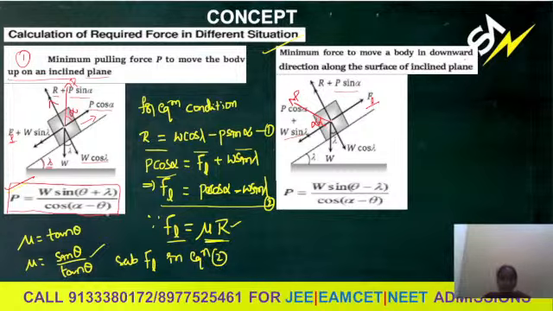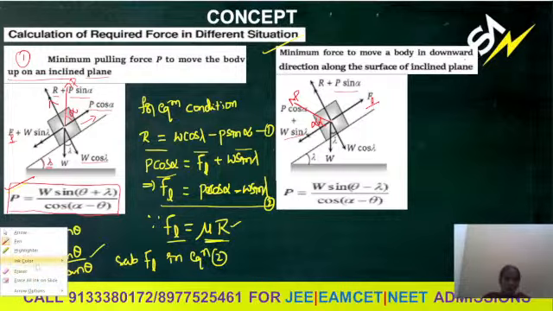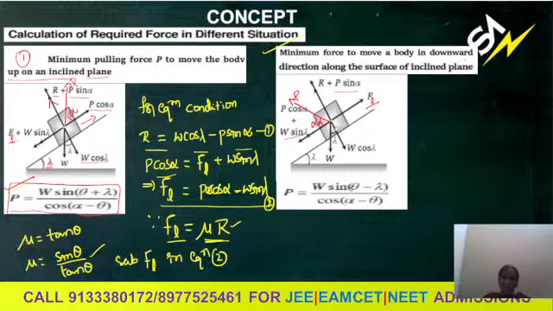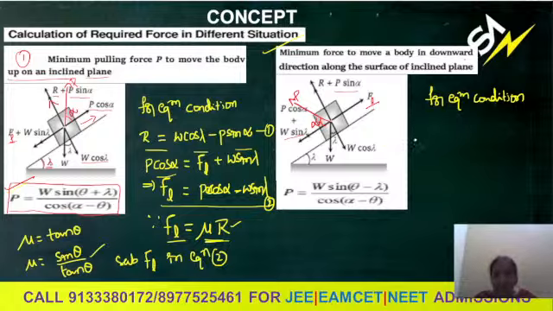Now for the equilibrium condition, we have given all the forces acting on that object on the inclined surface. For the equilibrium condition of the object, you just balance the forces vertically and horizontally.